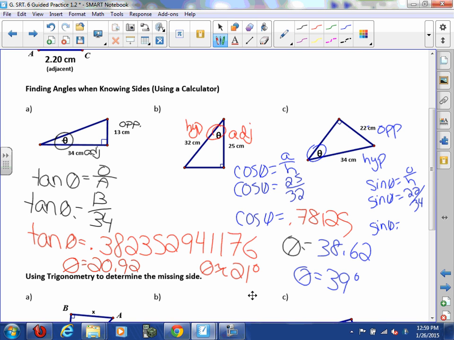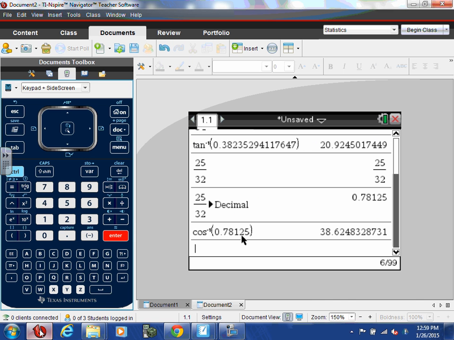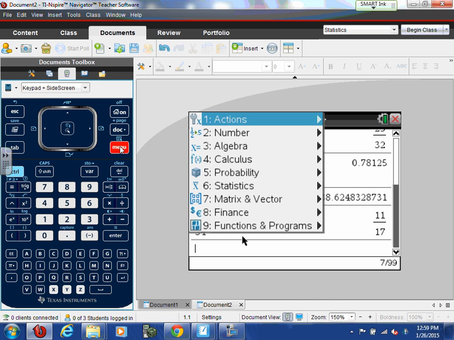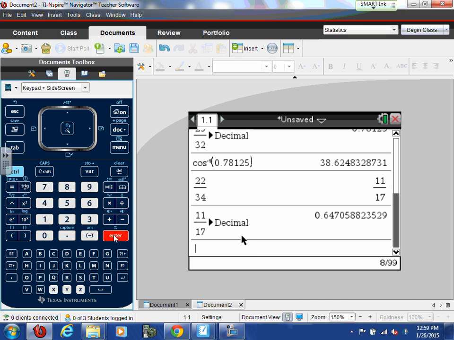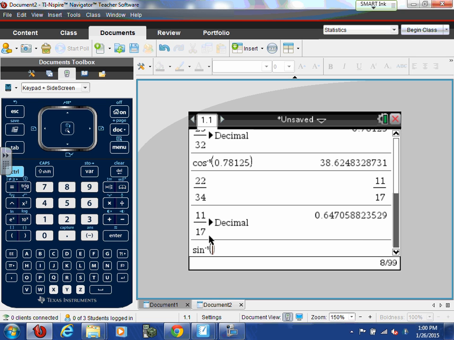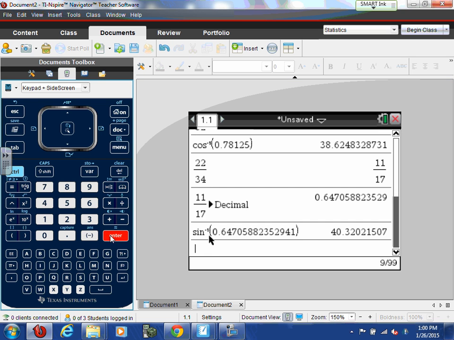No, it kept going. So I always want to make sure I got that. 22 divided by 34 is 0.64705, the whole thing. Okay, now trig, inverse sine, your answer, 40.32. So then I would say 40 degrees.